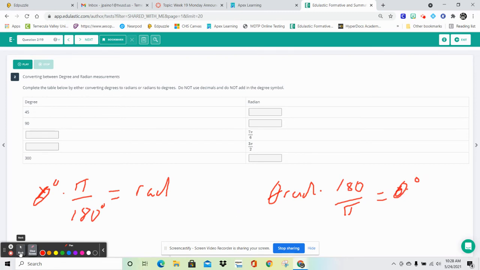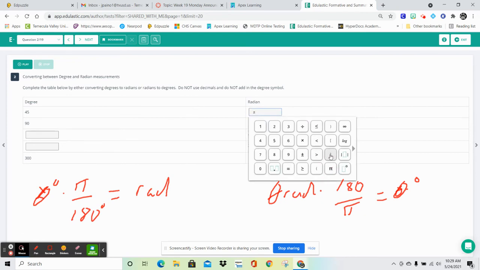That's all we're doing here. So 45 degrees, plug that in, 45 over 180. What's that going to simplify down to? That's pi fourths. I always leave everything in terms of pi.